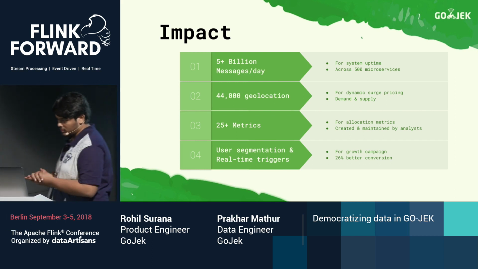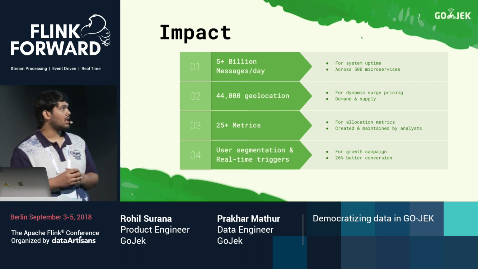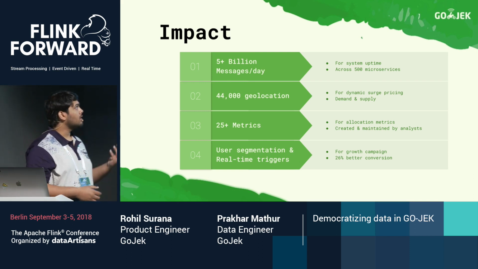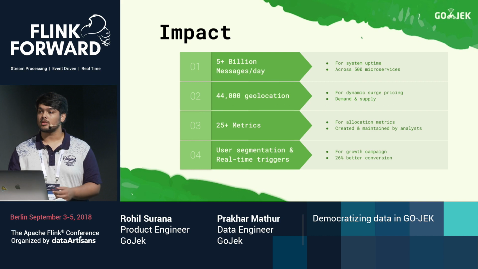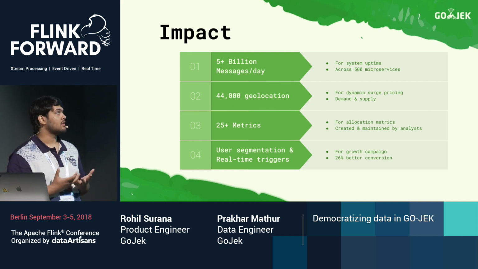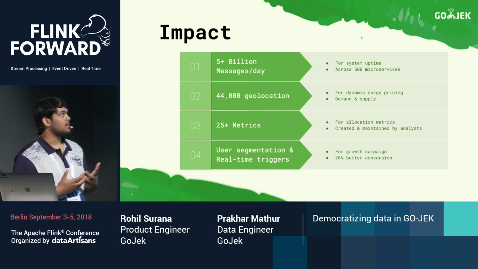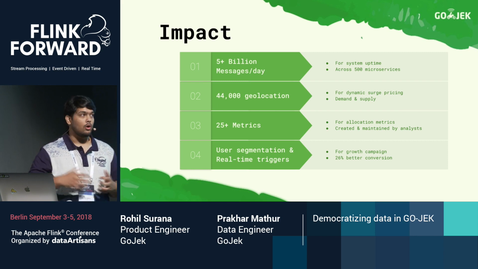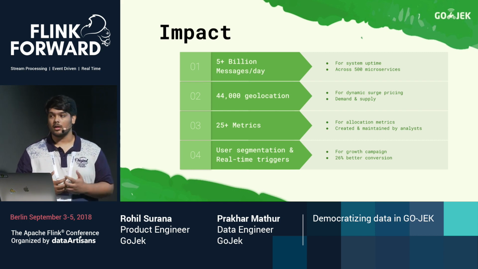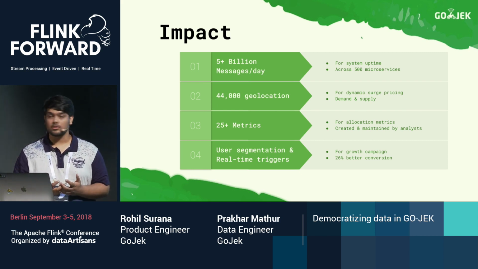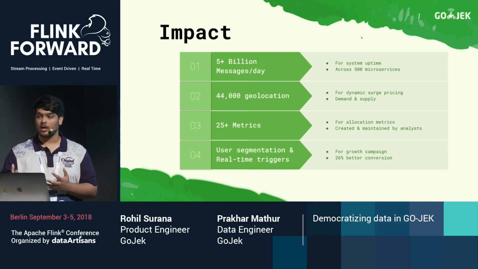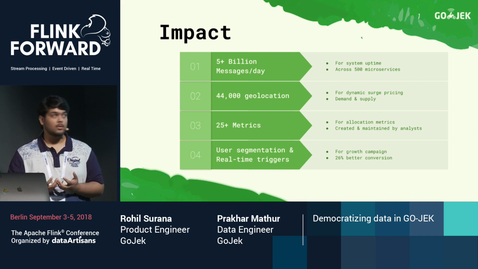Impact. After creating this DIY platform, what was the impact? Here are some examples of the use cases solved by different business analysts and PMs. The first one is the API monitoring dashboard. We have around 500 microservices, and all the API logs go into one of the Kafkas, which we call Logstream Kafka.